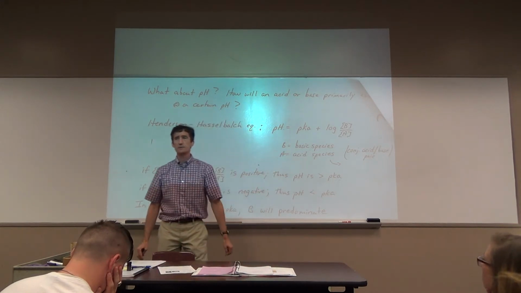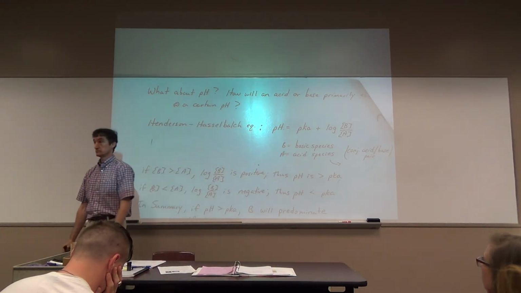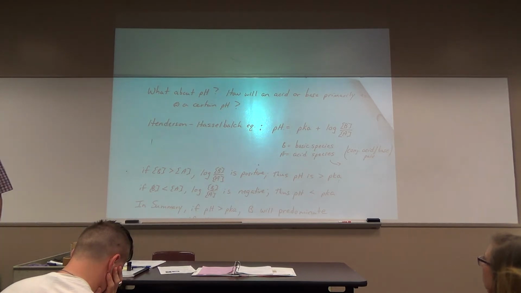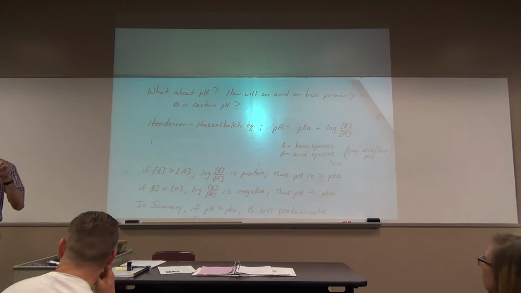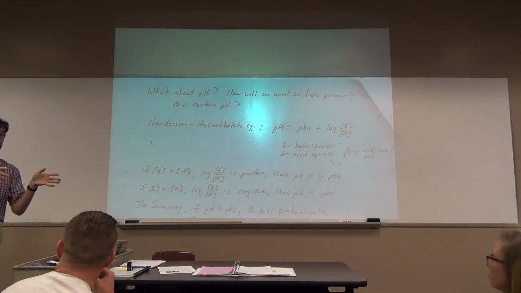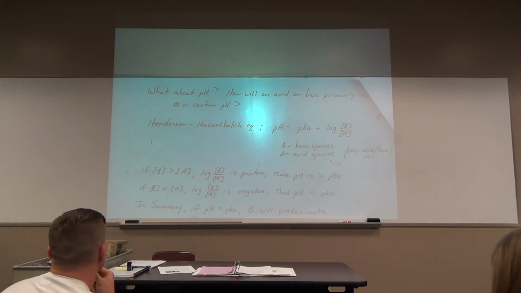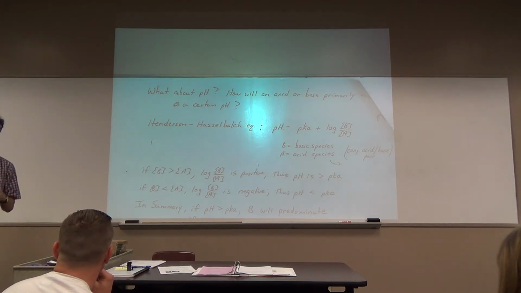How will it exist at pH of 10? What do you mean, how will it exist? There are 2 different possible forms for an acid and a base: the neutral and the ion. If it's an acid, the acid, and then the conjugate base. That's your 2 different forms. Which form will predominate at pH of 10? Or pH of 2? That's what we're talking about. How's it going to look?